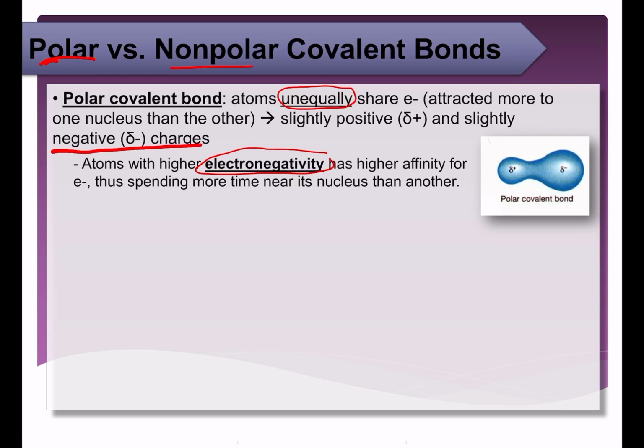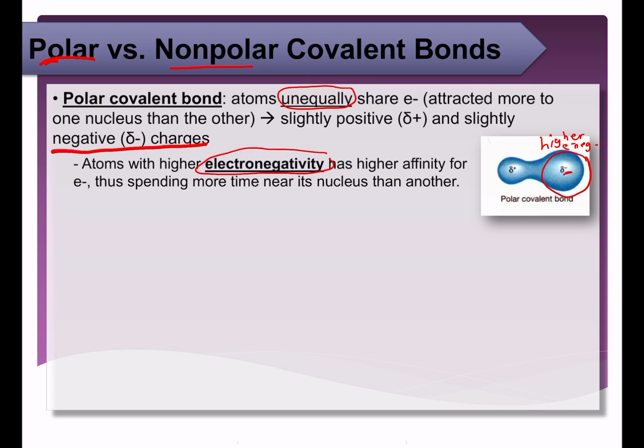Okay, slightly negative charge. So the one with a higher electronegativity, which is this one right here, would have a slightly negative charge because more electrons tend to hang around that particular atom and zoom around it more often than the other one.